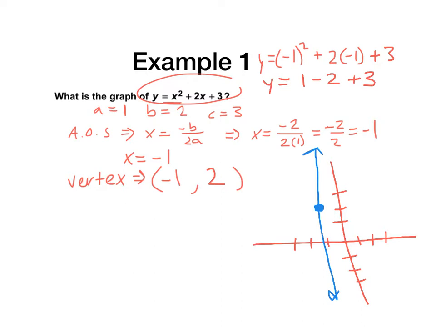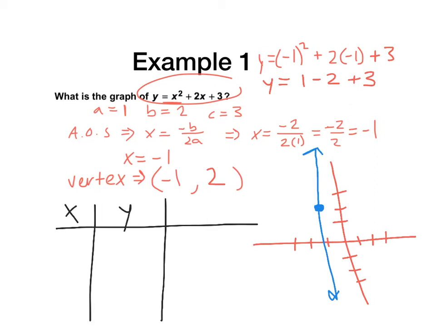What do we do next to graph our parabola? We got to find points. Yes. So we need to plug in values for x and get y's. So what can we plug in for x?